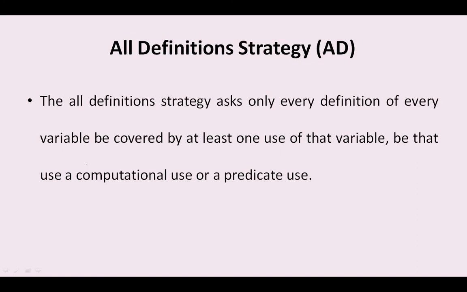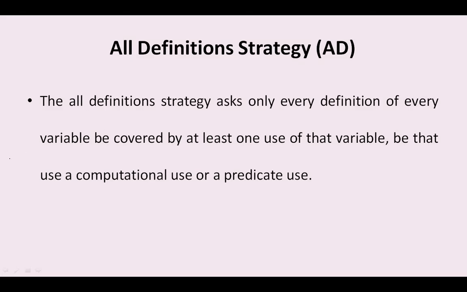Next one is the all-definition strategy. What is the meaning of the all-definition strategy? This strategy asks that only one definition for every variable be covered by at least one use of that variable, be that use a computational use or a predicate use.